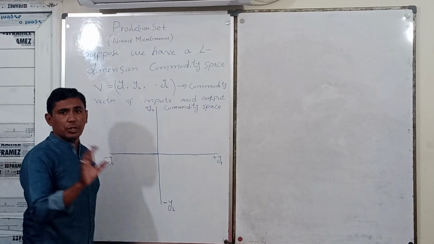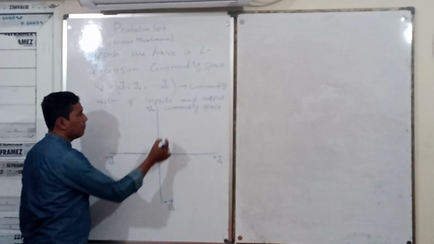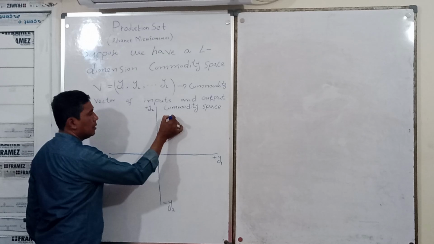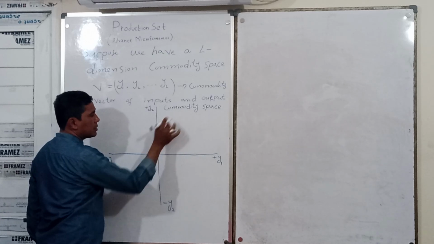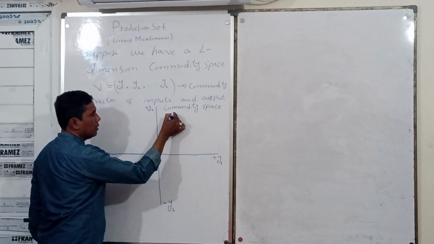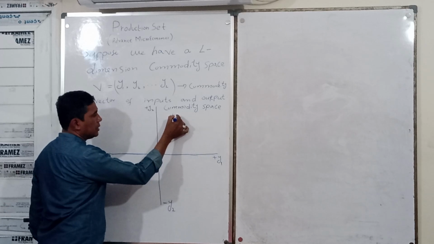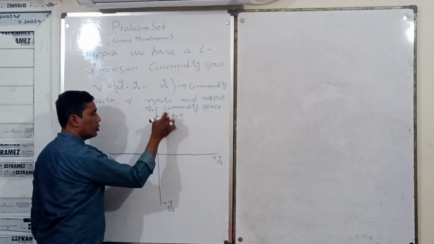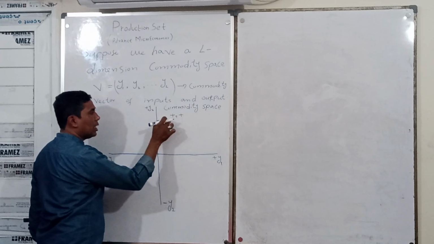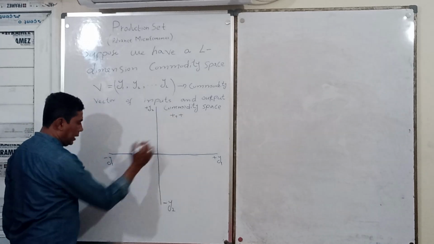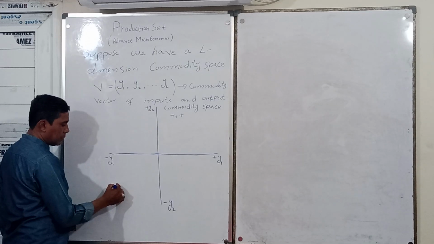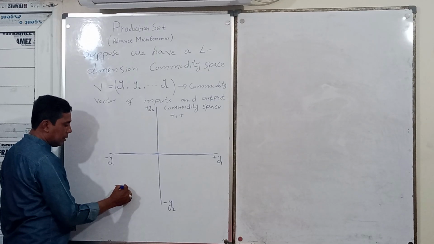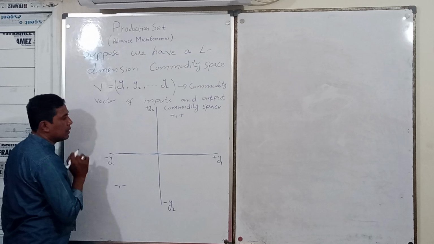In this four-dimensional commodity space, in this quadrant both y1 and y2 are positive, and vice versa here both are negative.